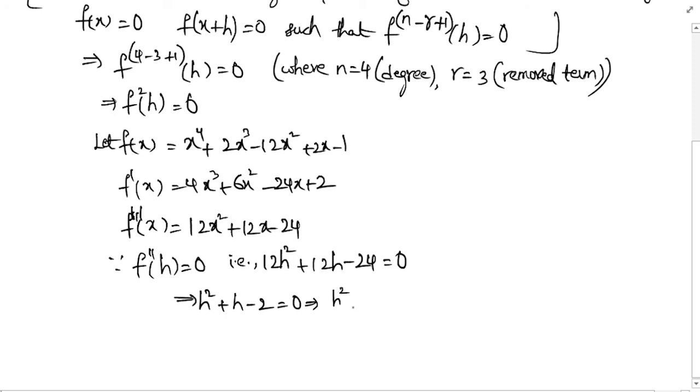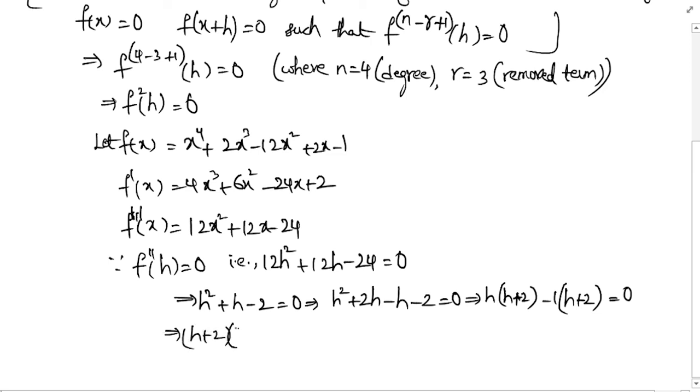That implies h square plus 2h minus h, okay, so that will be equal to h into h plus 2 minus 1 into h plus 2 is equal to 0. That implies h plus 2 into h minus 1 is equal to 0. That implies h is equal to minus 2 or h is equal to 1.